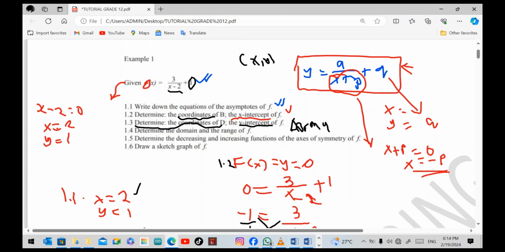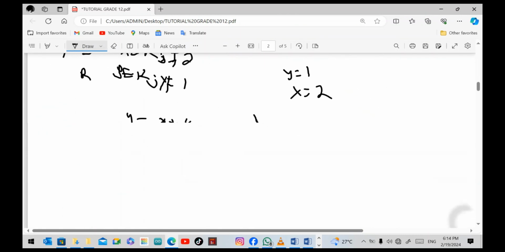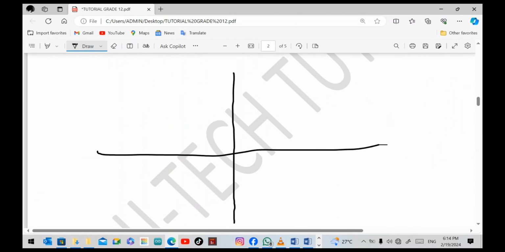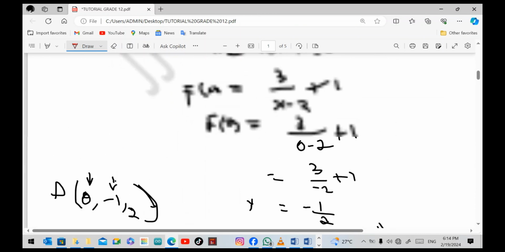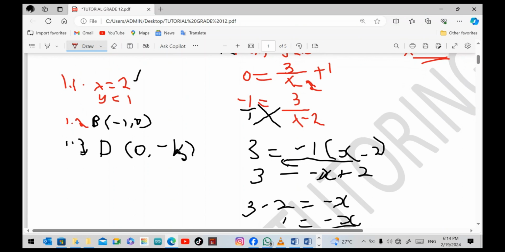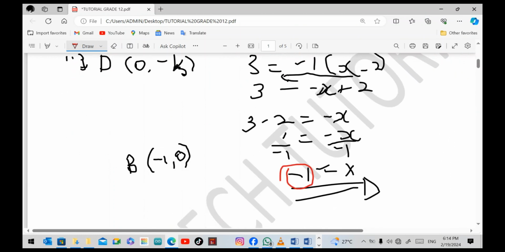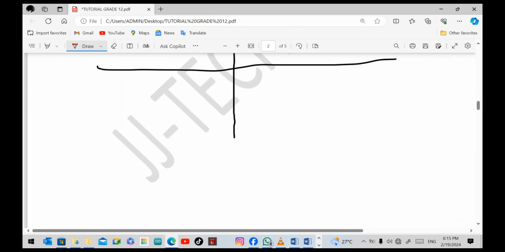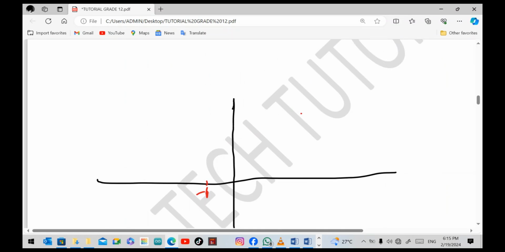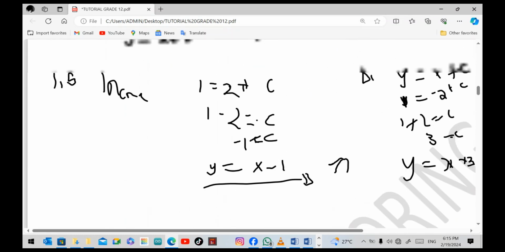Right. So let us now go to 1.6: draw a sketch of f. This is the Cartesian plane. First thing first, we need to plot the graph. Our x is what? It is negative 1, so we plot x is negative 1 on the left-hand side. Now we have to find our y.